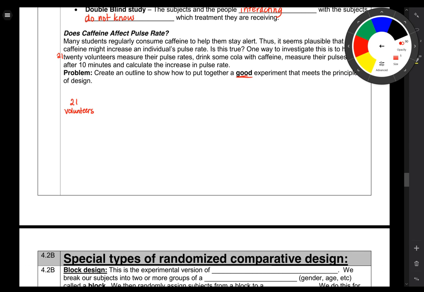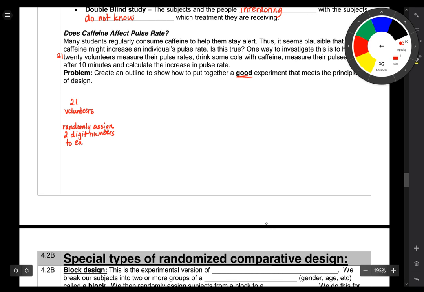And remember, we want to randomly assign them. So we want to explain that before we draw our outline. We could write it right here. When you're asked to do this on your homework, follow this guideline. Randomly assign, since there's 21, two-digit numbers to each person.